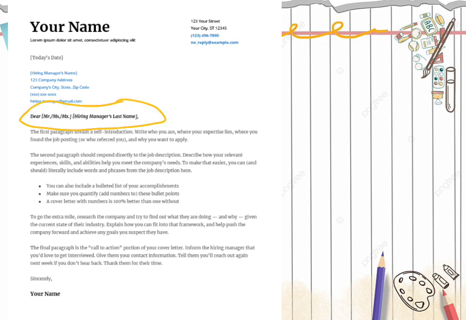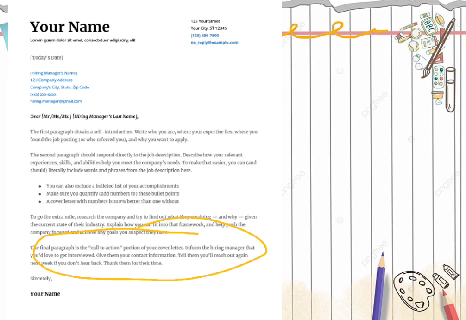The fourth is opening paragraph. If you want to write a job application letter, you have to be sure your letter has an opening paragraph. The next is body of letter.